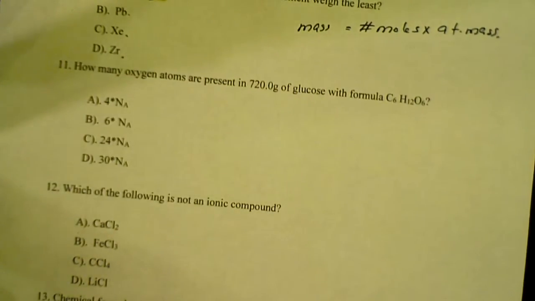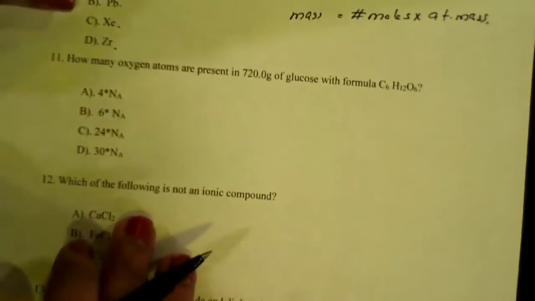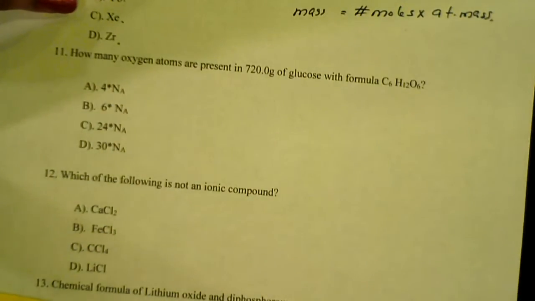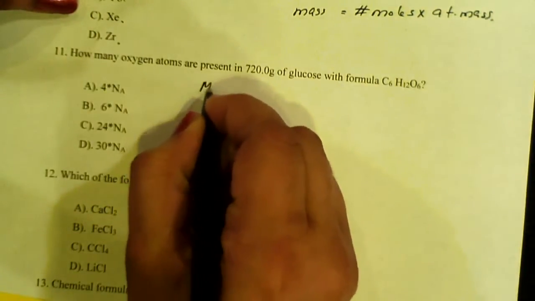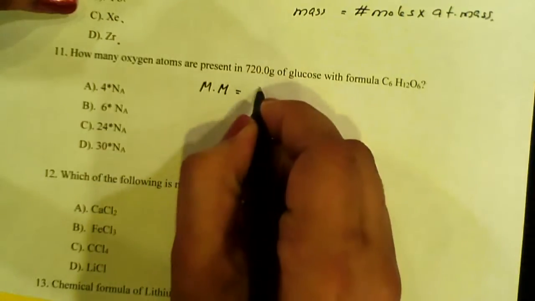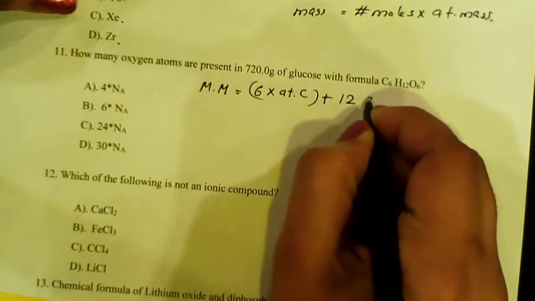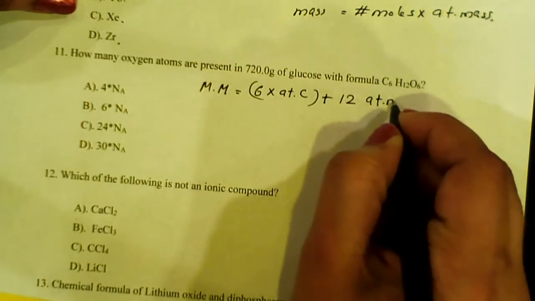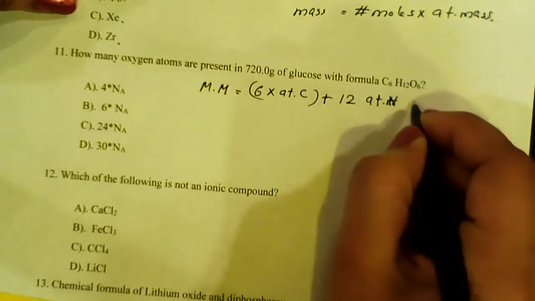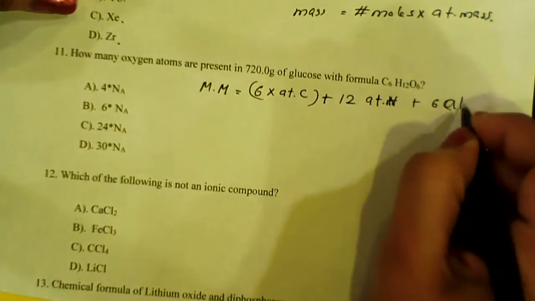How many oxygen atoms are present in 720.0 grams of glucose with formula C6H12O6? So you have the chemical formula, so you can figure out the molecular mass by adding the masses of each element present in that compound. So the molecular mass will be 6 times atomic mass of carbon plus 12 times atomic mass of hydrogen plus 6 times atomic mass of oxygen.